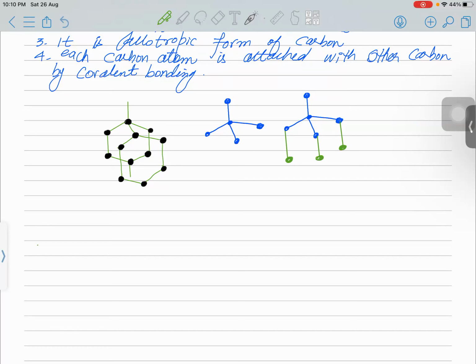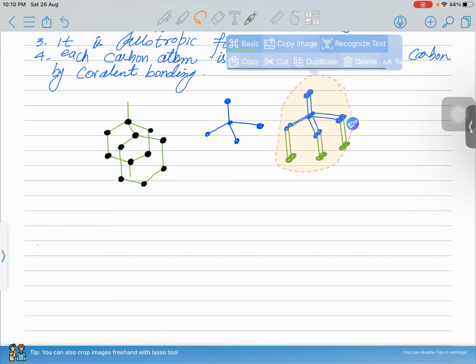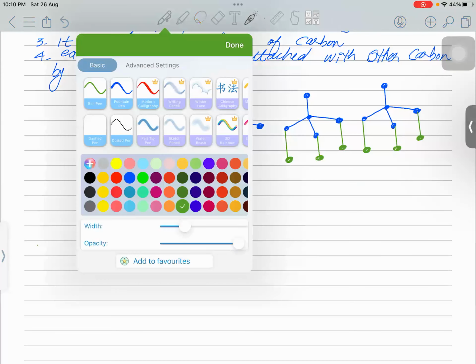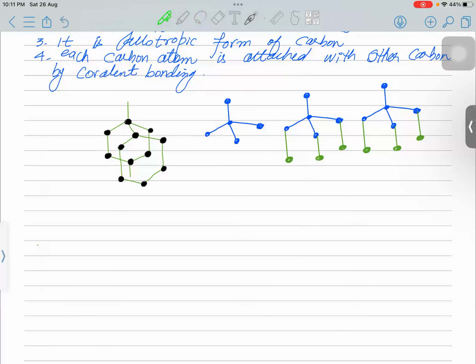Then in the next step, this bond is attached with these. These two are also attached.